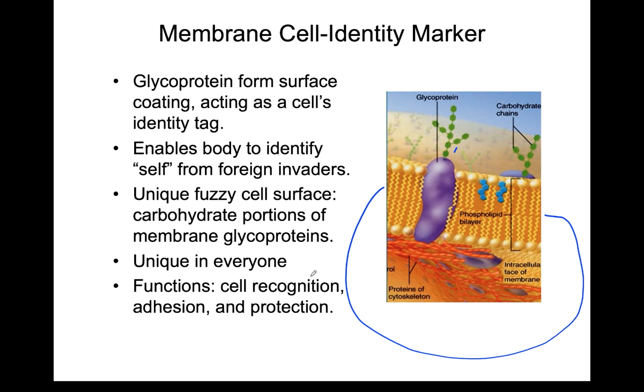So if the cell is in a healthy condition, then this glycoprotein can be read as normal by the immune cell. But when this cell is attacked by bacteria, then the cell puts on a different type of tag protein.